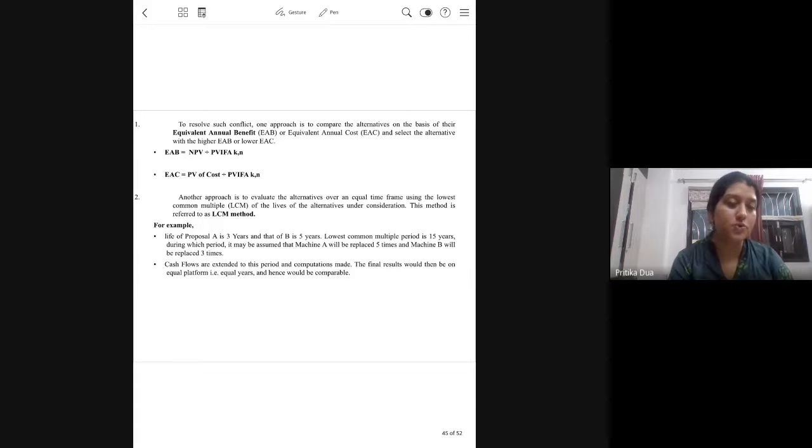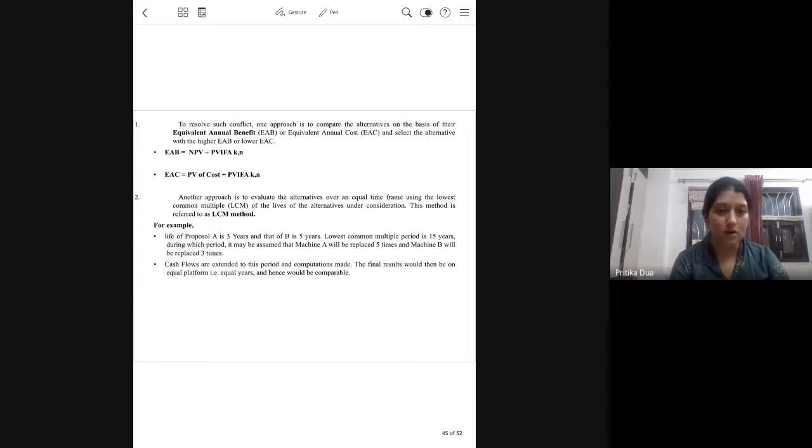The first option is going for the LCM method. You try to equalize the time frame of both the projects, and especially the time frame of the lower duration project, by using the LCM of the lives of both the projects.